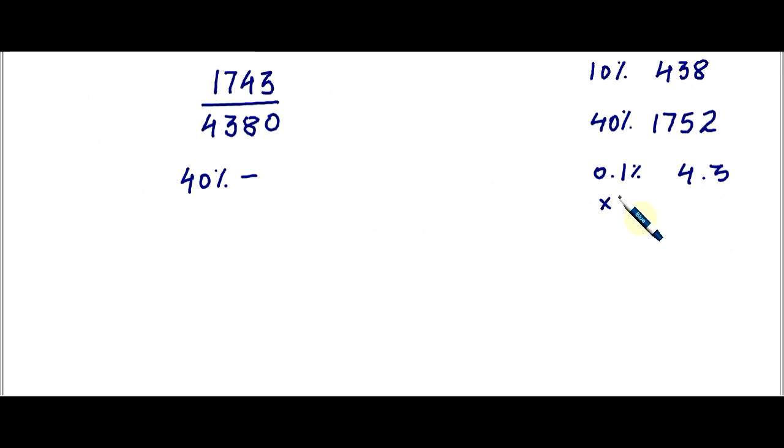So if I double it, I'll get 0.2% as 8.6, isn't it? Now, if I come back 8.6, in a way I've come back 9. So 40% minus 0.2% shall give me my answer, and this will be equal to 39.8%.